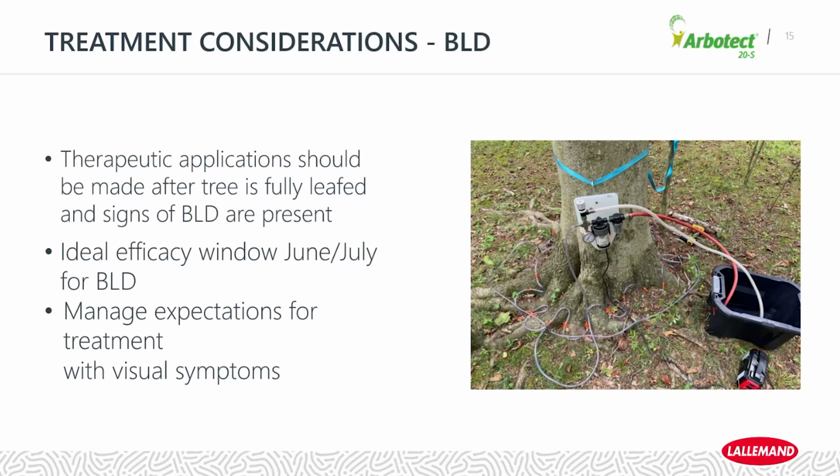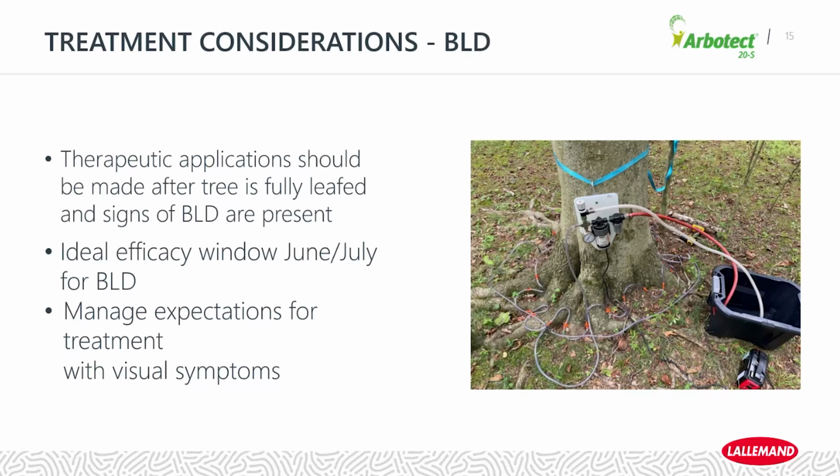And when we're looking at beech leaf disease specifically, the treatment window is once the tree is fully leafed out post-infection through summer and early fall. And for best efficacy, it's recommended to treat from that full leaf expansion through late July and early August, but avoiding treating trees with thin or partial canopies early in the season.